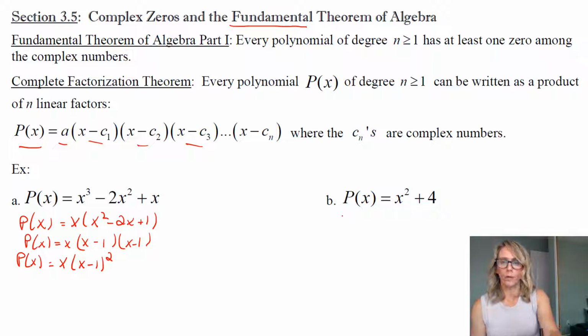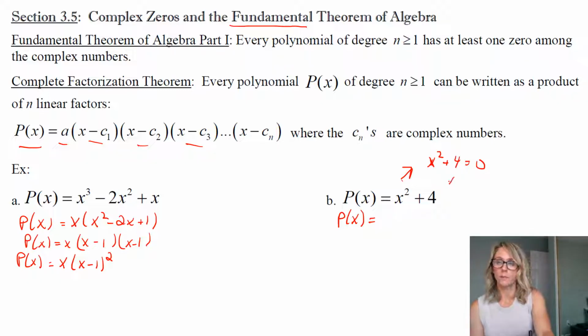For b over here, p of x equals x squared plus 4, you might be thinking, okay, can I factor that? Well, it's not a perfect square. It also is not the difference of squares. It is just x squared plus 4. So one thing to think about the zeros of this and how you could write it: since it just has one variable part and one constant part, you could think about what would happen if you were to set it equal to 0 to find the zeros.